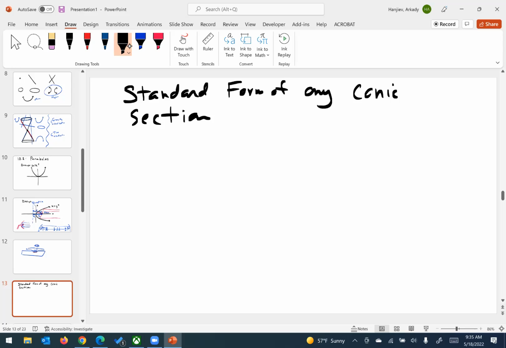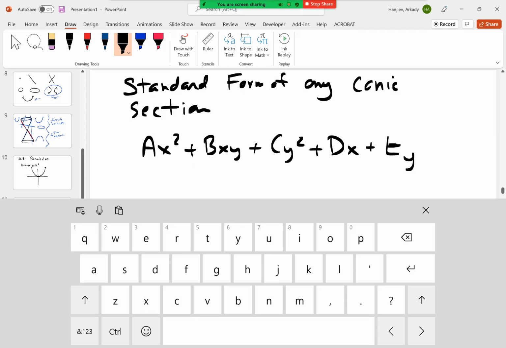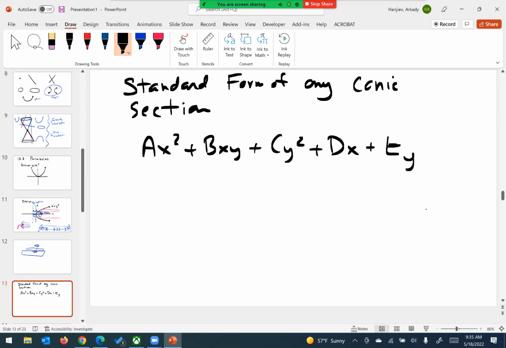So we're going to go ax squared plus bxy plus cy squared plus dx plus ey plus f is equal to 0. It'll be a cool equation once we see it here.